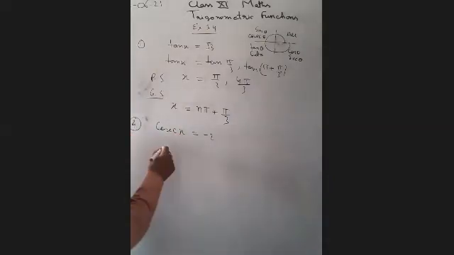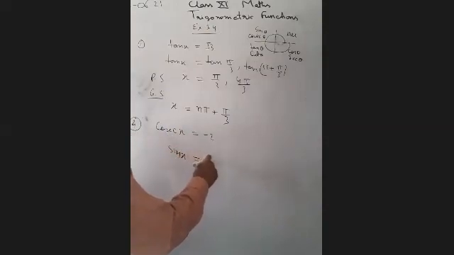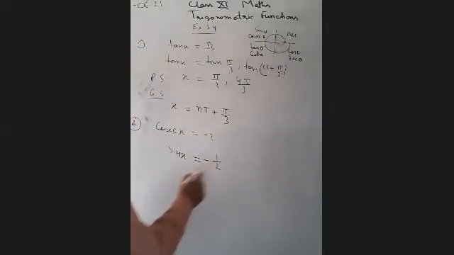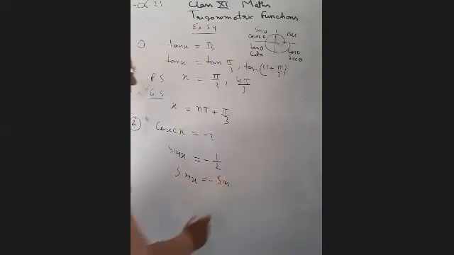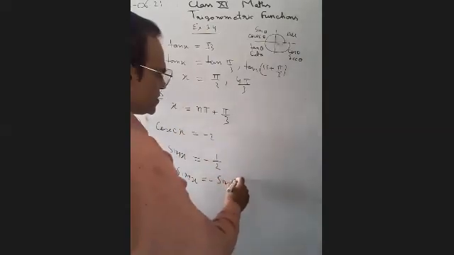So you just do the reciprocal, then sin x will be equal to minus 1 upon 2. If sin x is equal to minus 1 upon 2, 1 upon 2 is the value of which angle? Sin x is equal to minus sin 30 degree. 30 degree का मतलब pi by 6.